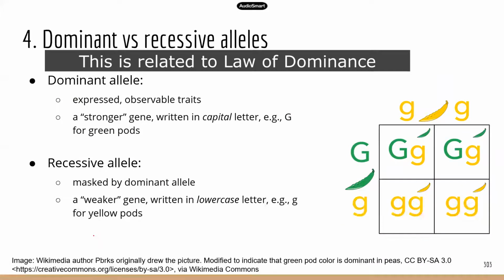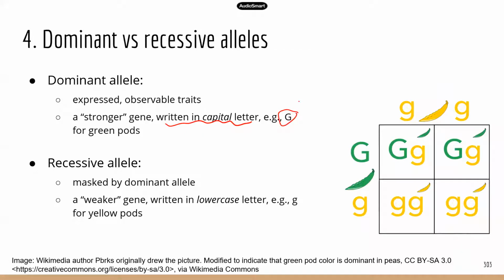So we mentioned that dominant alleles are usually written in capital letters, right? For example, the capital G for green pods. So the color green is a dominant trait. On the other hand, yellow pods, the yellow color is a recessive trait.